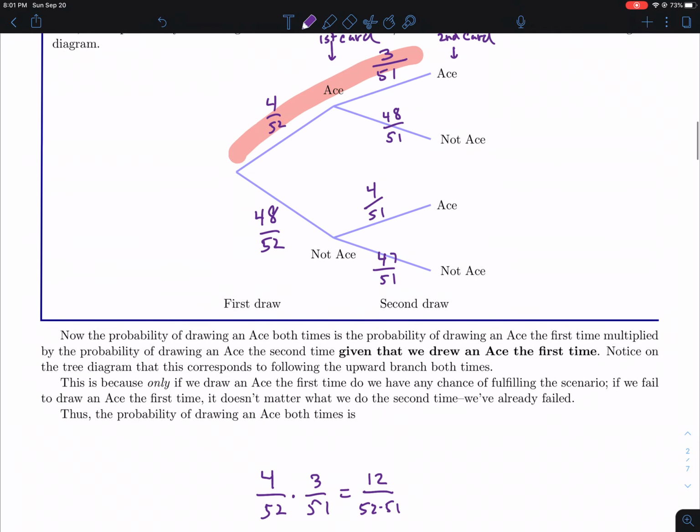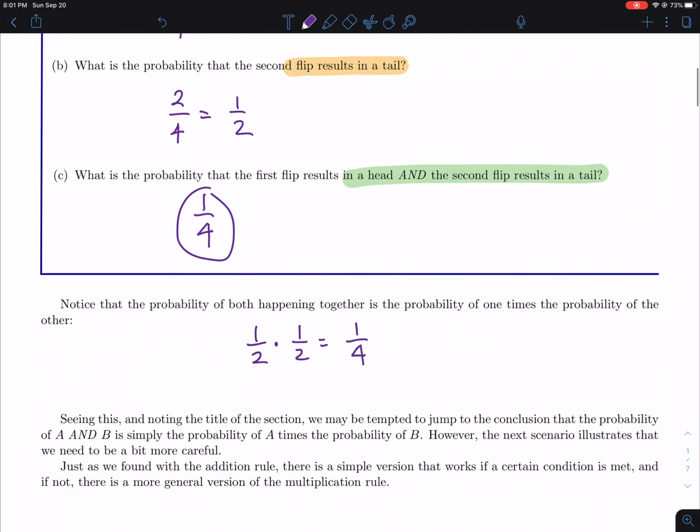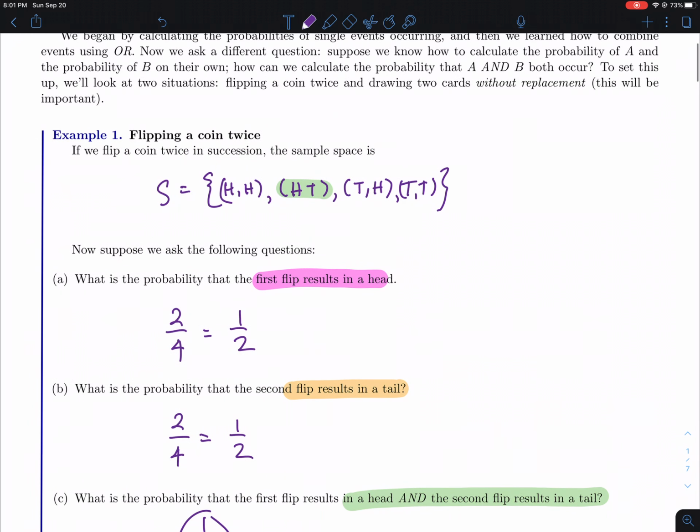The second one is what we call conditional probability or dependence. These two fall into 2 different categories. Example 1 is what's called an independent event, which, as we'll see in a second, means that the first thing happening doesn't have an effect on the probability of the second. The probabilities aren't going to change.